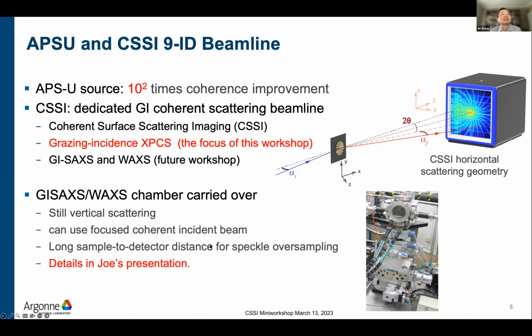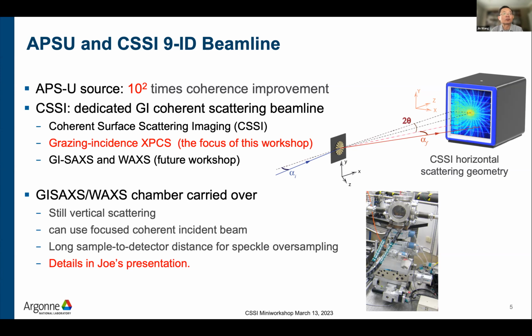It's a dedicated GI coherent scattering beamline, having the capabilities of doing static imaging experiments, and as well we can do Grazing-incidence XPCS, looking at the dynamics, which is the focus of this workshop, and that's why we are here.